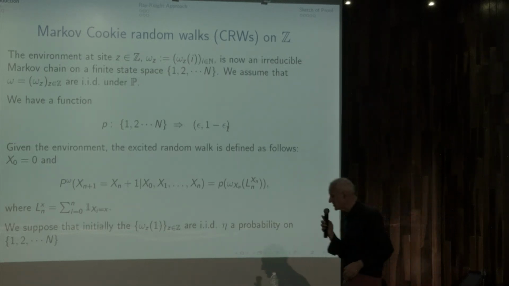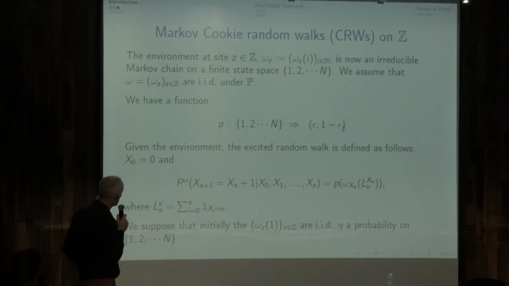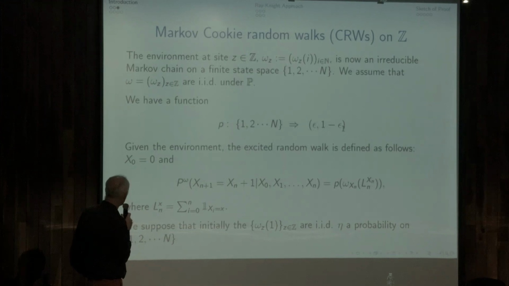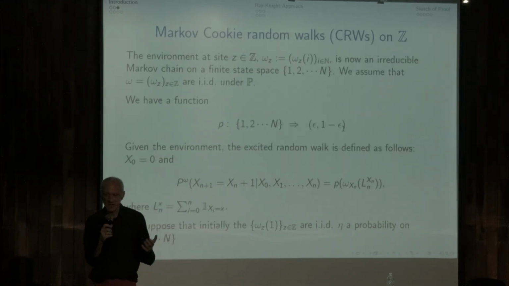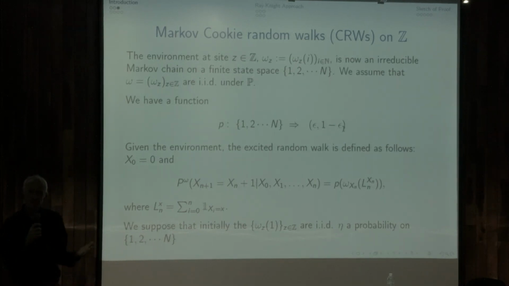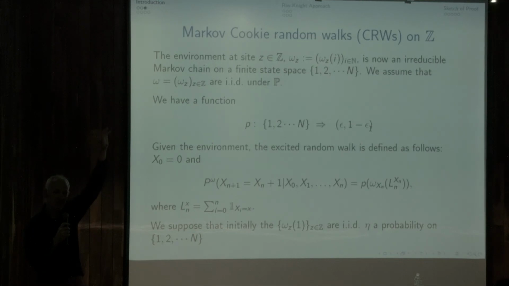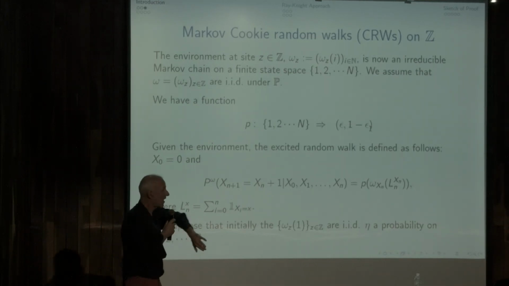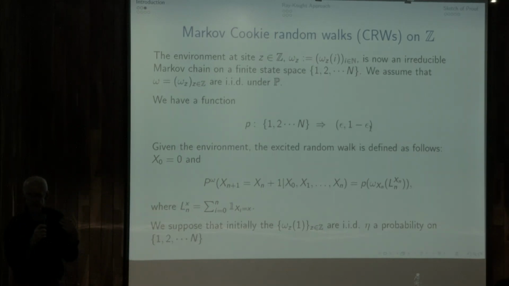So we will be talking about Markov cookie random walks, which were introduced by my two co-authors. And here it's different because, unlike Badevin and Singh, the cookies don't go away. What we have is, at each site on Z, a Markov chain. A Markov chain on a finite state space, irreducible, a very nice basic thing.